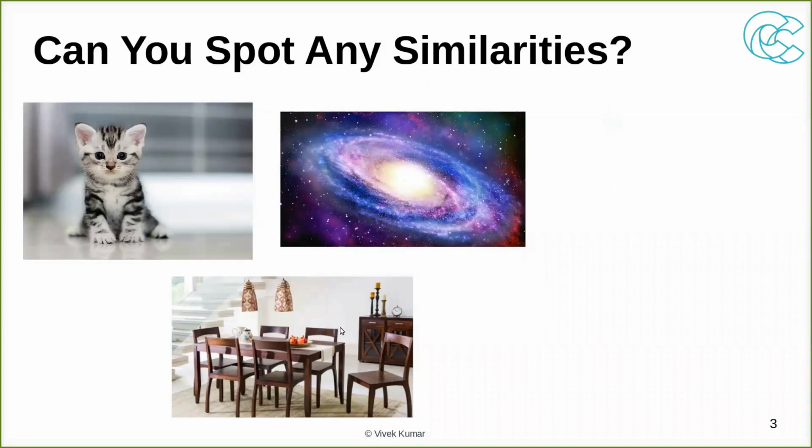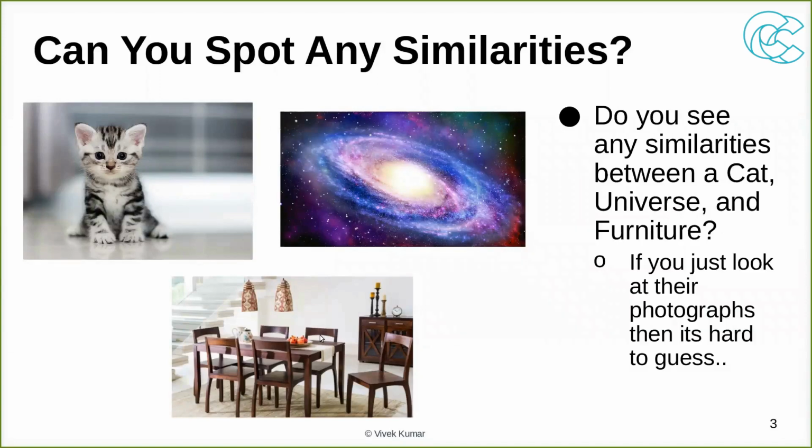Based on these pictures, do you notice any similarity between these three? I will give a minute, but you can also unmute and let me know. It's hard to find some similarity between all these three.